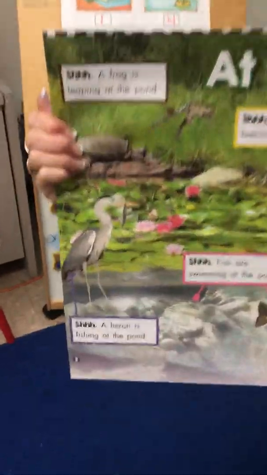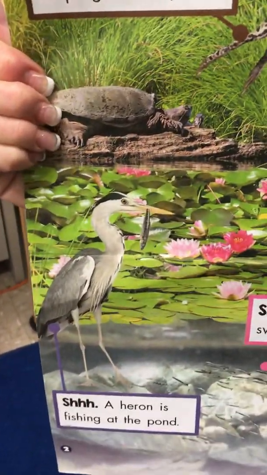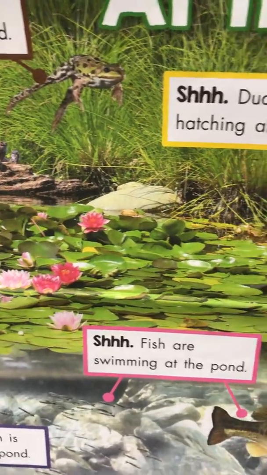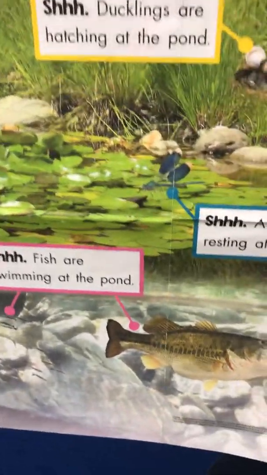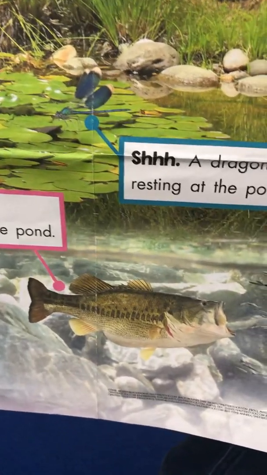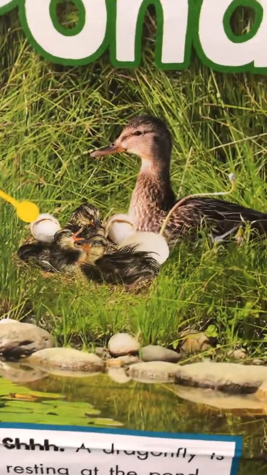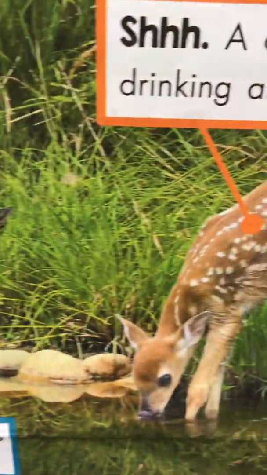This is called a habitat. A place where animals live is their habitat. And many animals live at the pond because there's water there, there's food there. So many different creatures live at the pond.